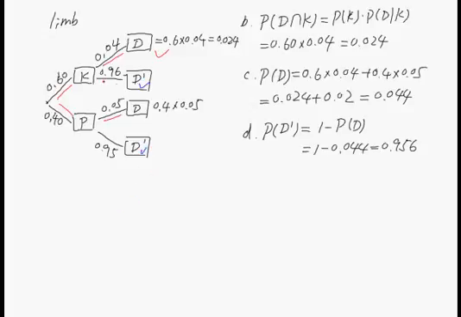Along each name containing D prime, you multiply: 0.6 times 0.96, and 0.4 times 0.95.